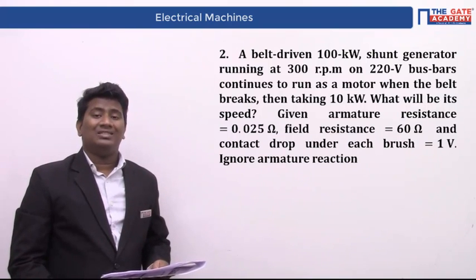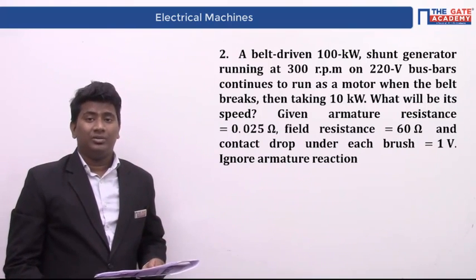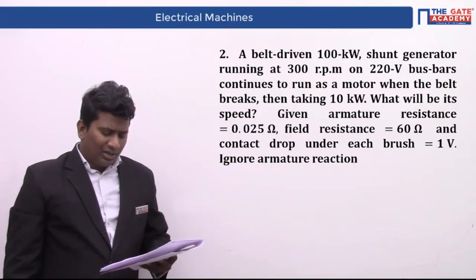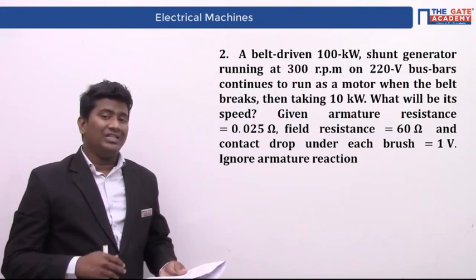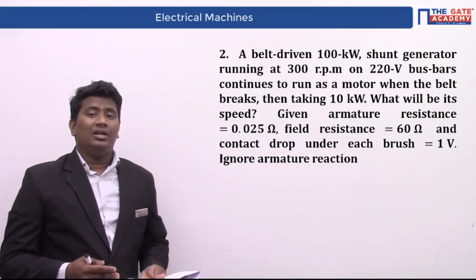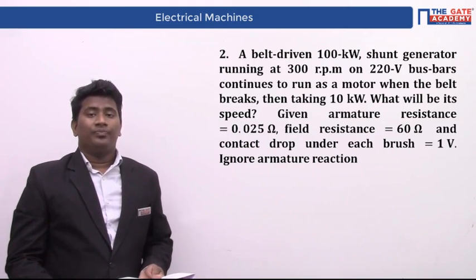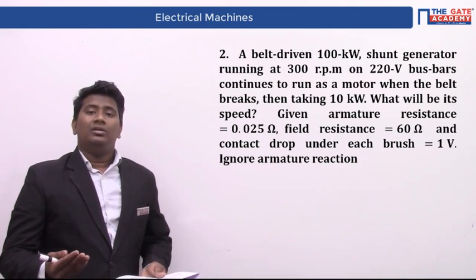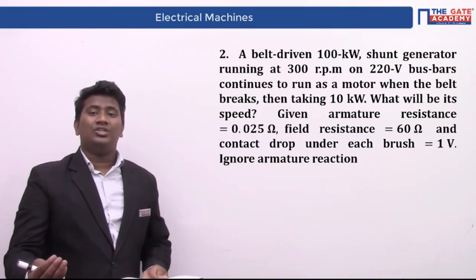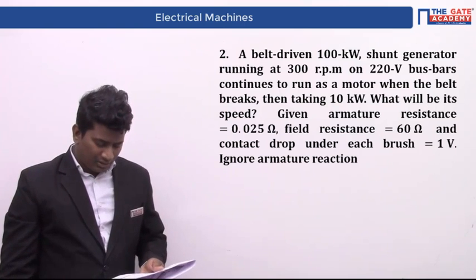After that it is running as a motor because the belt was breaking. Then it is drawing a power of 10 kilowatt. Once it acts as a generator, it will deliver a power of 100 kilowatt. But due to some malfunction, the belt was broken and it is acting as a motor. Now it is drawing a power of 10 kilowatt.